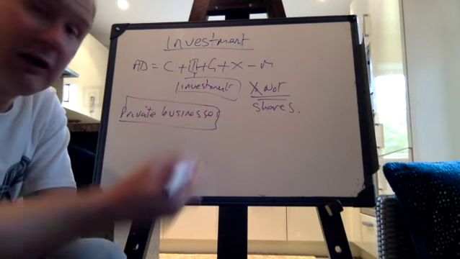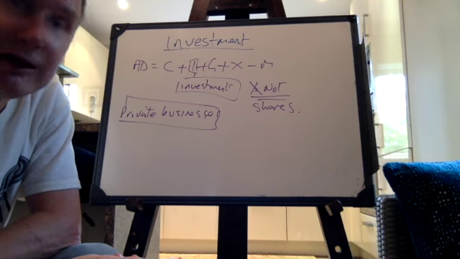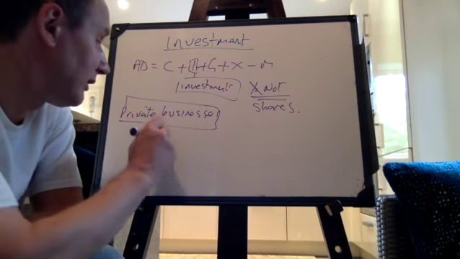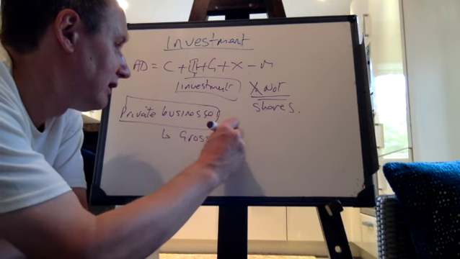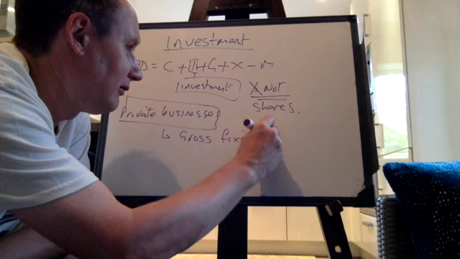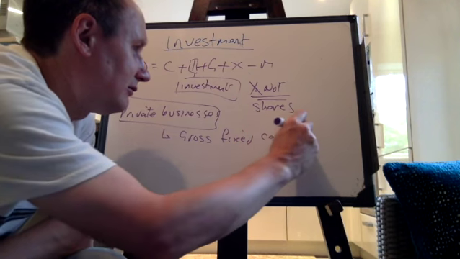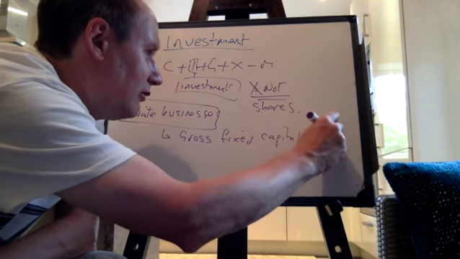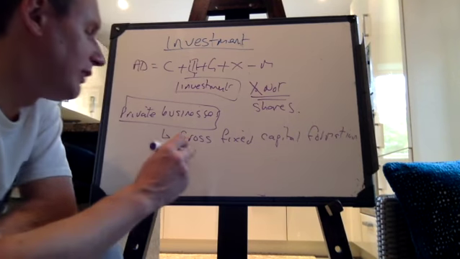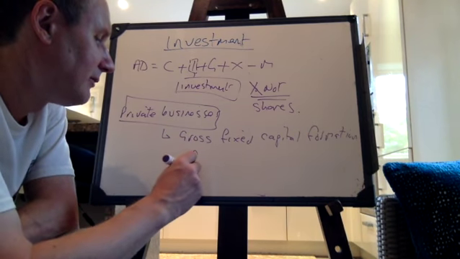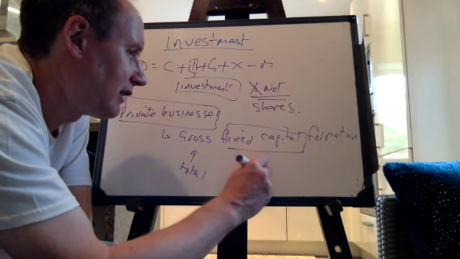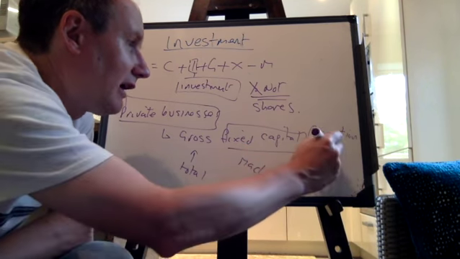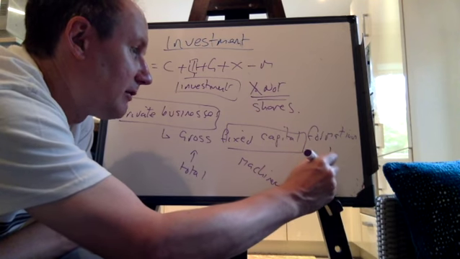So if you look for investment in some sort of statistical database, you're often looking for something called gross fixed capital formation. Now, this isn't the only thing that we might count as investment, but gross meaning total, fixed capital meaning generally machinery, so capital that is fixed, and formation meaning creation.